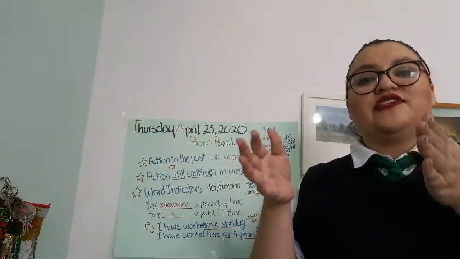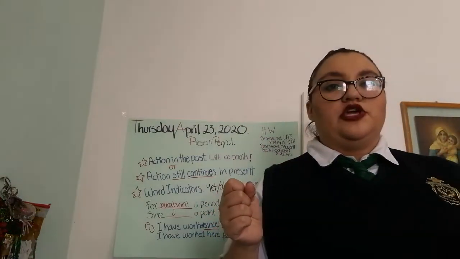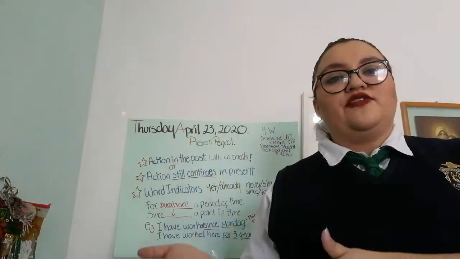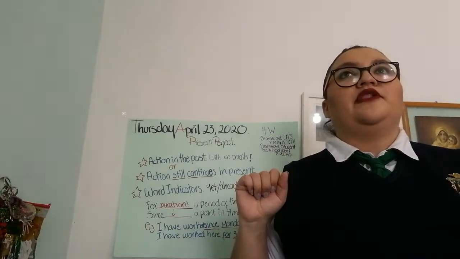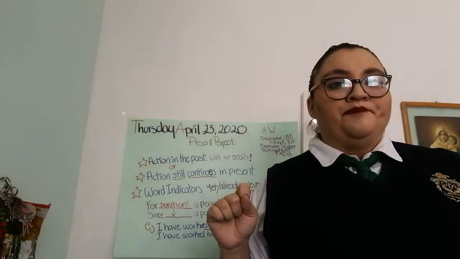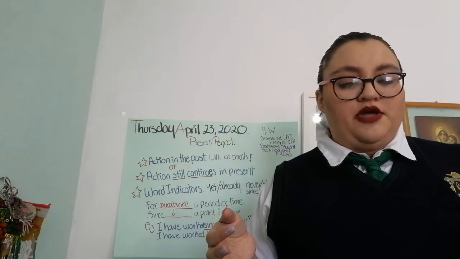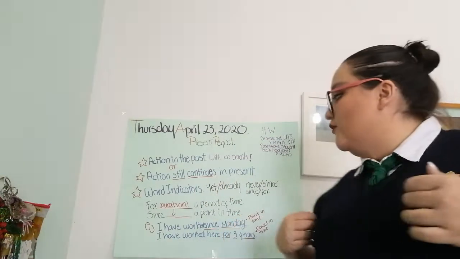I may not have a specific time, like a point in time. I would not tell you for 2002, for 3 hours, for 5 days, but I'm gonna tell you since. So, I have played football since I was a kid. I'm not telling you specifically how old I am.